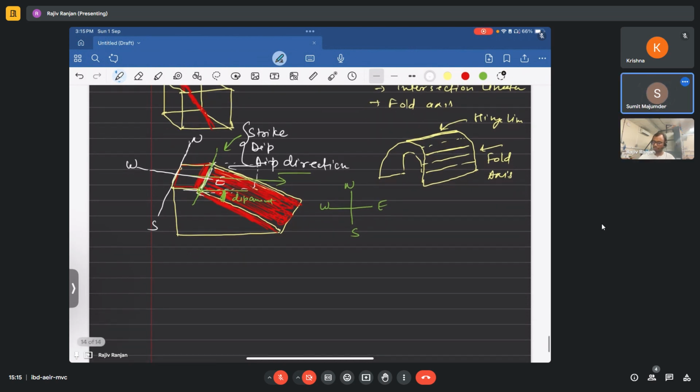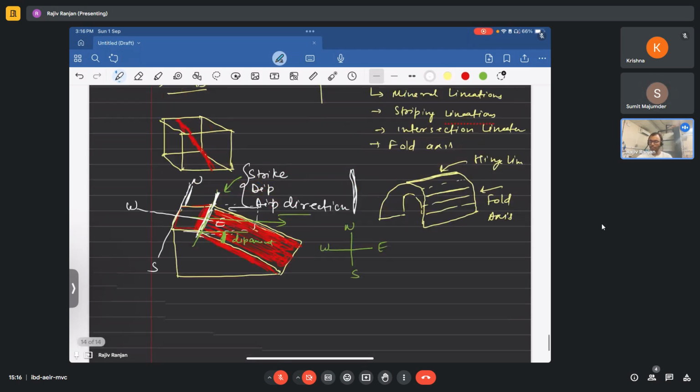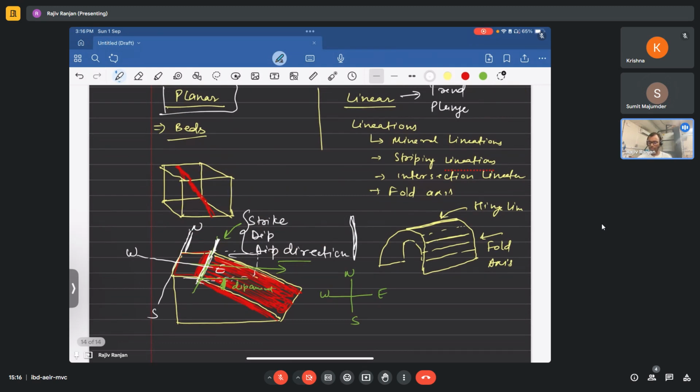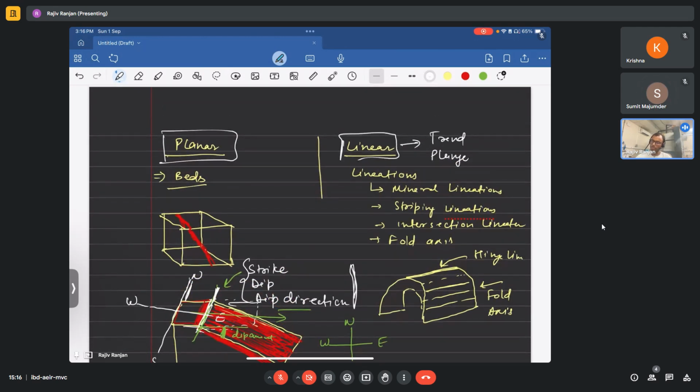Southeast. You can say southeast. But if I consider this as a strike, then you can directly say it is dipping towards east. It looks like southeast, but if I consider this as north, then it is dipping towards east, right? So these are the three basic things that we measure in planar features. I hope you understand dip direction is perpendicular to strike, right? Yeah. And in linear features, we measure trend and plunge.